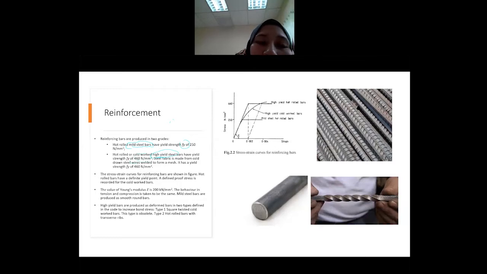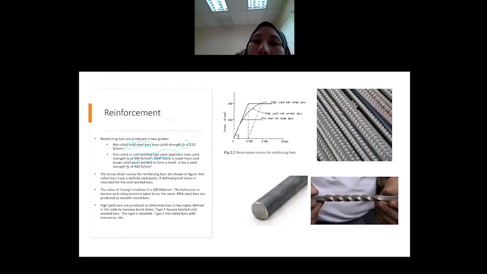So ini pun kena ingat jugalah. So ingat mild steel 250, high yield steel 460. Okay, so also kadang-kadang dia tak panggil high yield steel lah, dia panggil high strength steel ke macam-macam nama, but you dengar perkataan high tu meaning is very very strong steel lah.